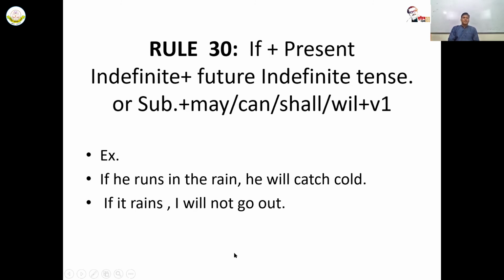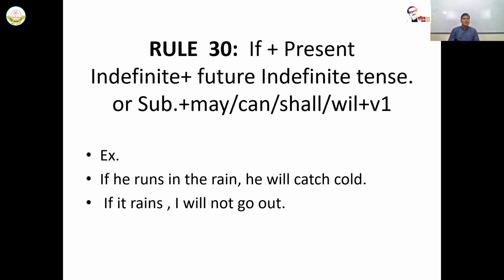And now this is also called the conditional, and this is very important for the completing sentence. The first type of conditional used here is if plus present indefinite, and then future indefinite. When you notice any sentence with if, you just have to identify one part of that sentence, whether it is present indefinite tense or future indefinite tense.